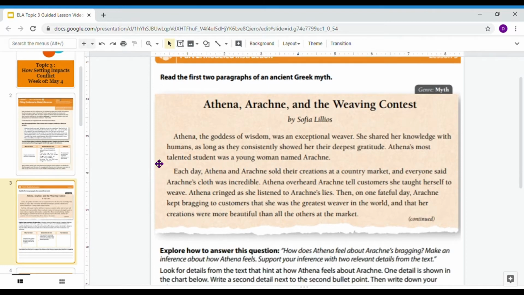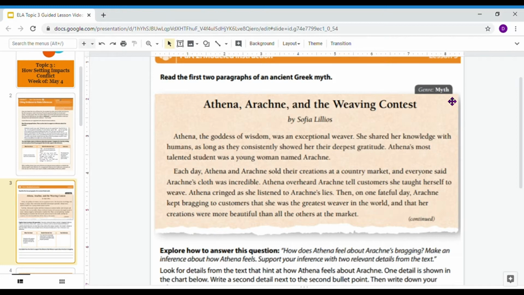This is Athena, Arachne, and the Weaving Contest, written by Sophia Lilios. And this is a myth. It says Athena, the goddess of wisdom, was an exceptional weaver. She shared her knowledge with humans as long as they consistently showed her their deepest gratitude. Athena's most talented student was a young woman named Arachne.